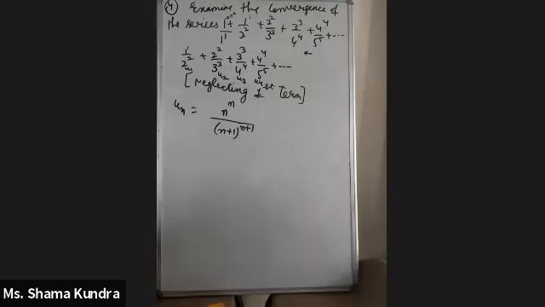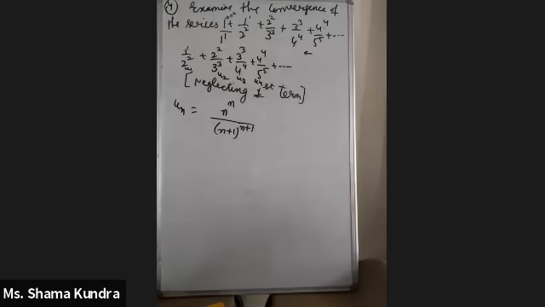We have un, neglecting the first term. You can check whether it is right or wrong. By putting n equal to 1, we will get u1. By putting n equal to 2, we get u2. So it is correct.